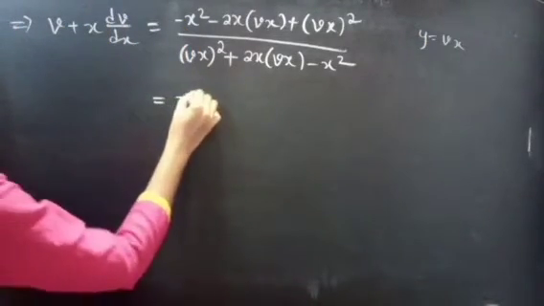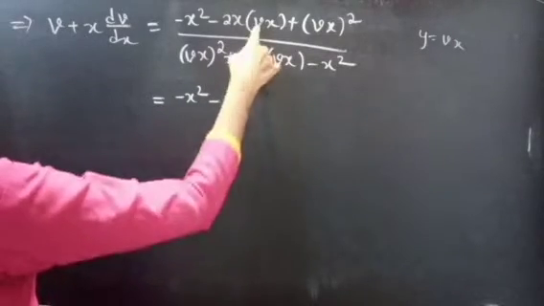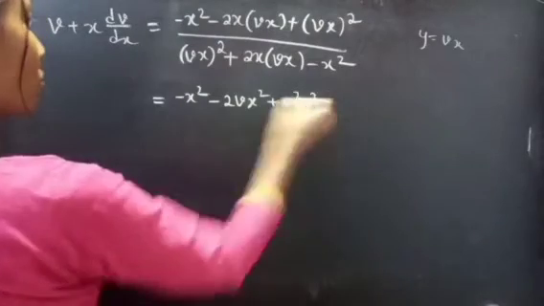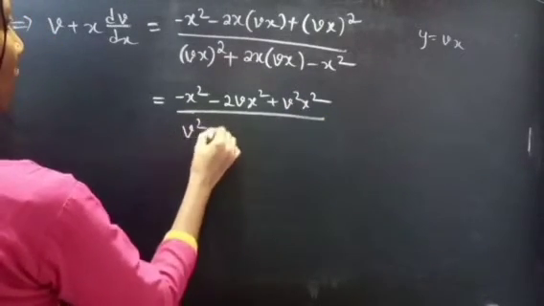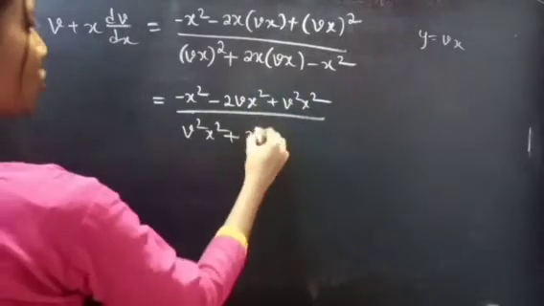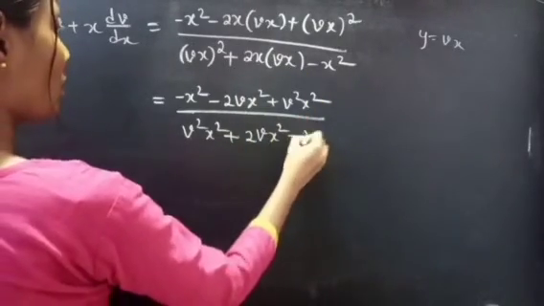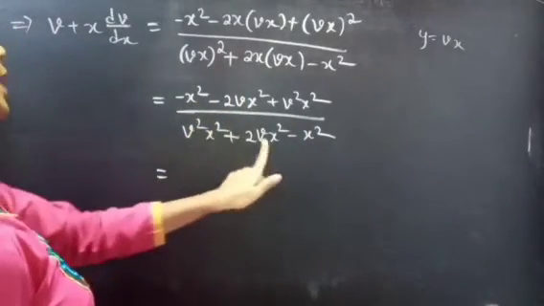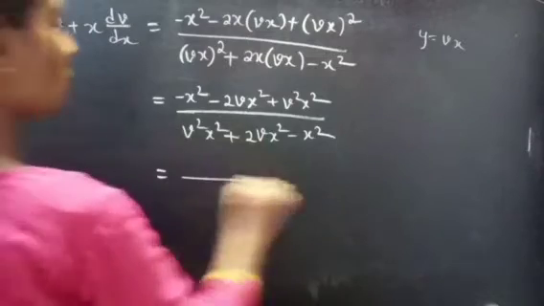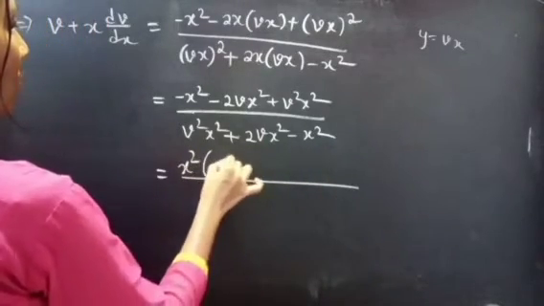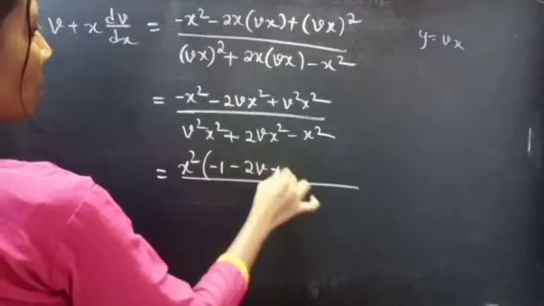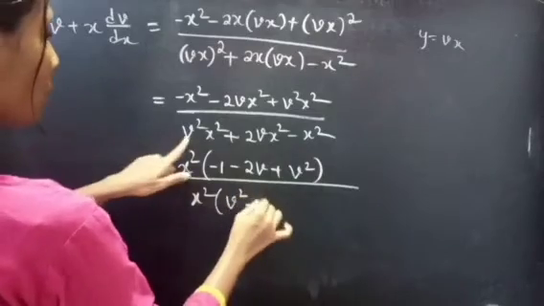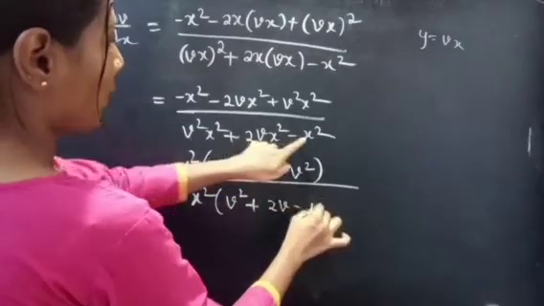This equals to minus x square minus 2 into v into x into x square plus v square x square by v square x square plus 2 into v into x square minus x square. Now take x square common from all the three terms of numerator and all the three terms of denominator. Then we'll get x square times minus 1 minus 2v plus v square by x square times v square plus 2v minus 1.